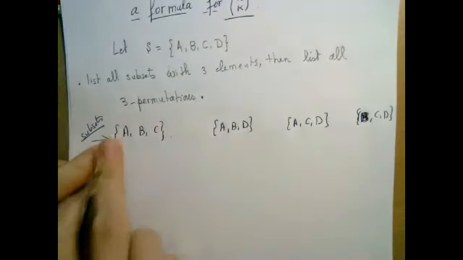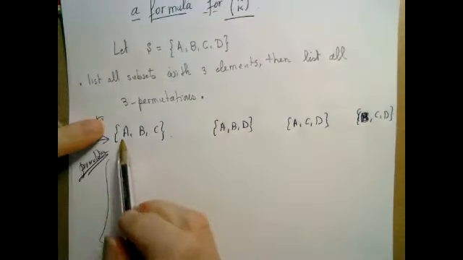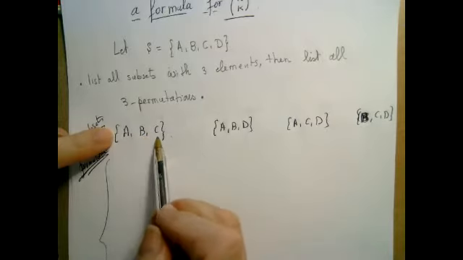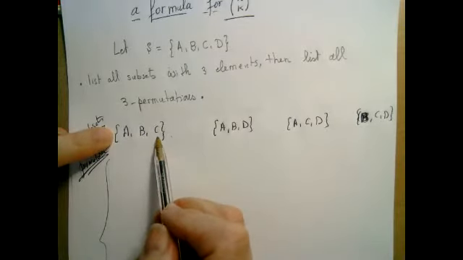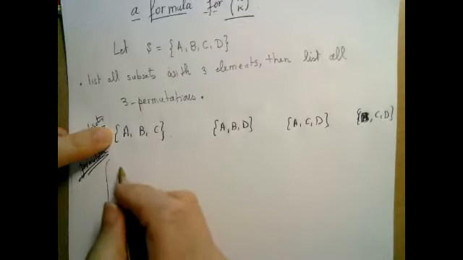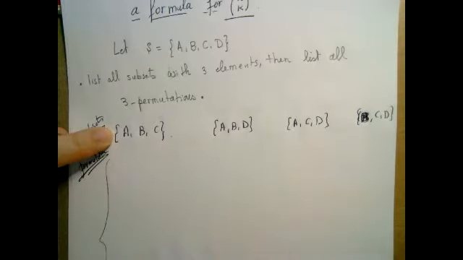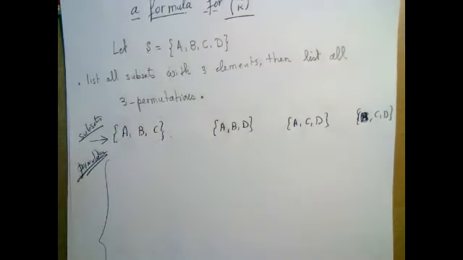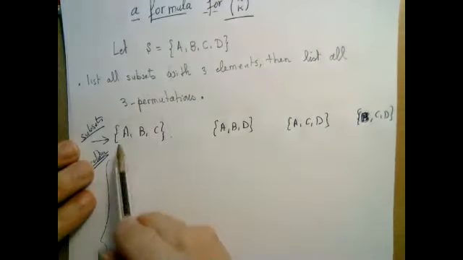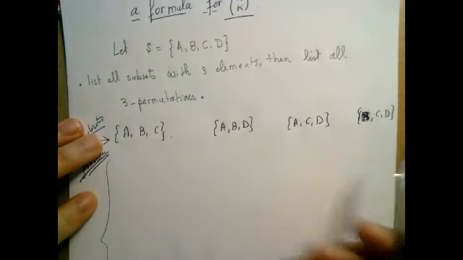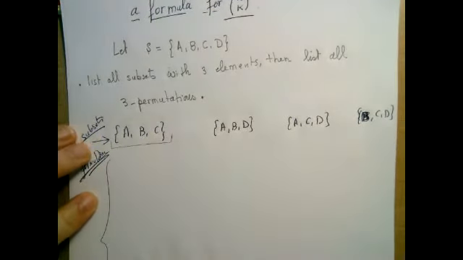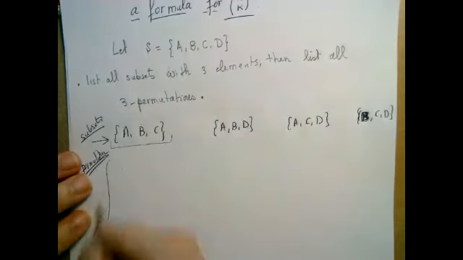Every permutation has to have 3. So if I take all the permutations that have ABC, how many of them are there? Remember, 3 permutation means they have to contain ABC. I'm going to take all those that contain those letters. How many of those are there?